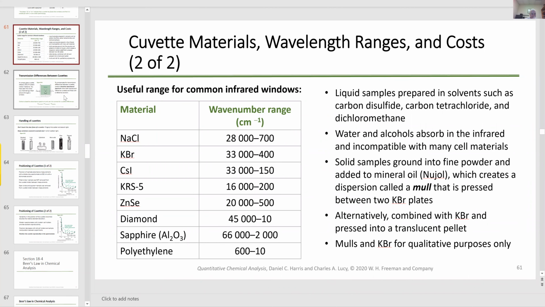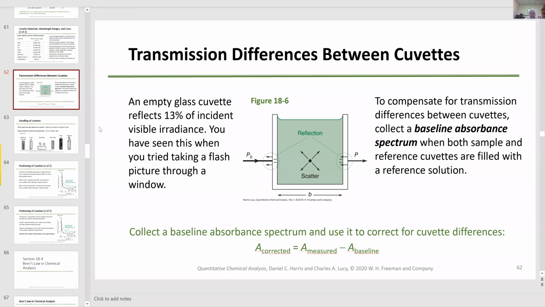Okay, so we did this one last time. Now, part of the problem with doing absorption is that the cuvette has interactions with light that don't have to do with the analytes absorbing. This is actually instrumental analysis at its sort of boring best.